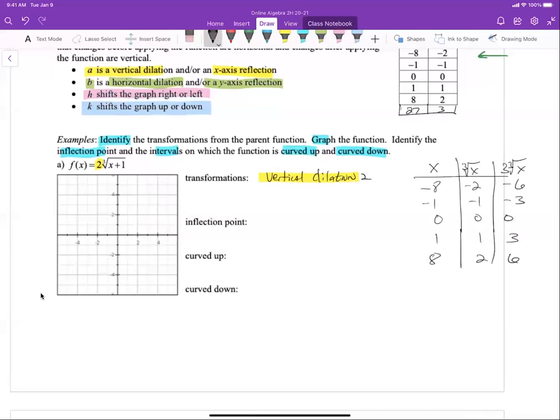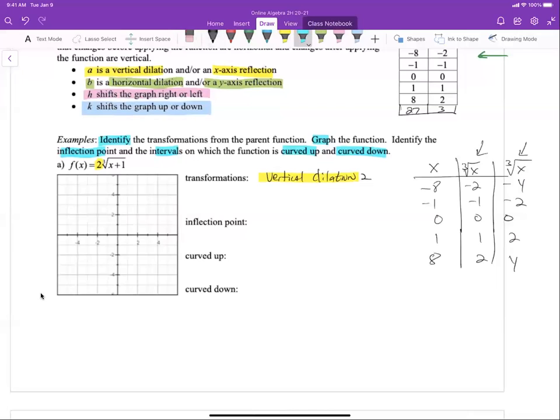So this is the original parent function. This is what it would be if I multiplied times 3. Okay, I'm sorry, multiplied times 2. I apologize. Now I got to go and fix all those quick, which is not bad. 2, that's -4, that's -2, that's 2, and that's 4. Okay. You're like, Ms. Aquaria, you lost your mind. All right, vertical dilation of 2.